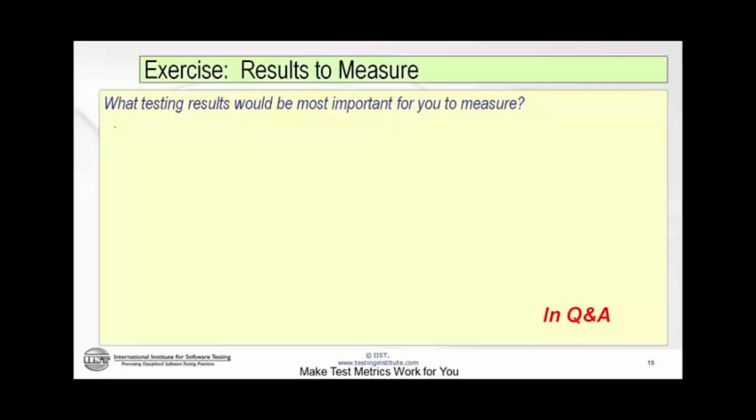And then consider whether those are the things you are measuring. Somebody, for the prior question, said that you were measuring defects. Okay, that's the obvious thing. Any other results to measure?